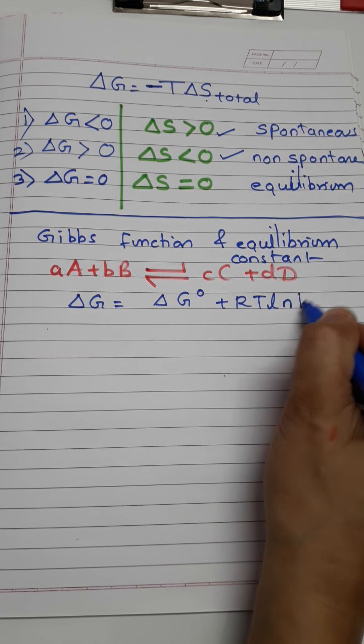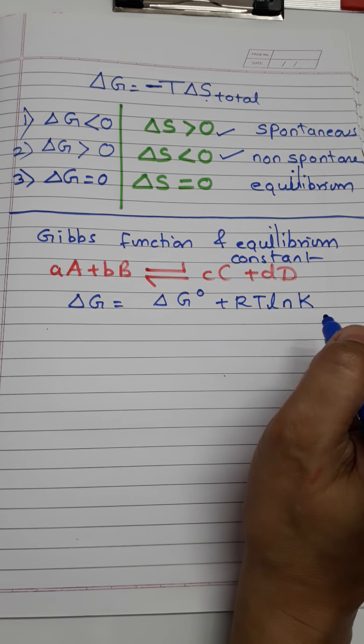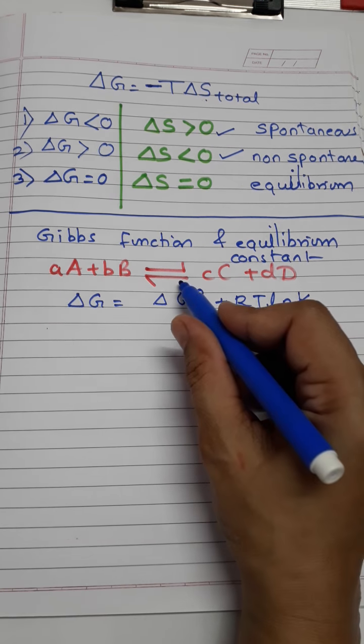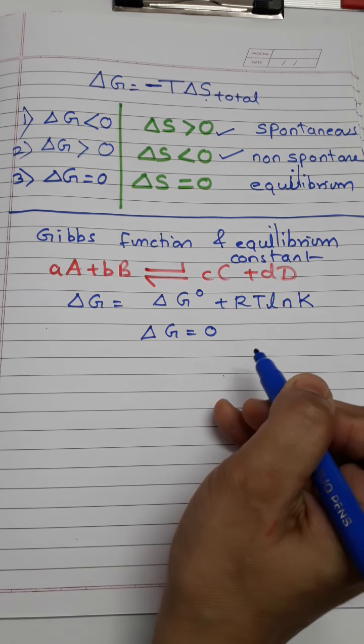So I write here Kc, or I can write here Kp. Because the reaction is at equilibrium, the delta G value has to be 0.